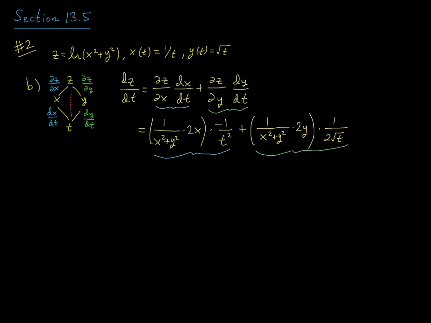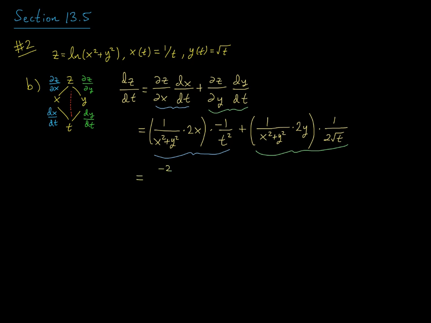Alright, so now our job is to rewrite all of this in terms of just t to show that it is in fact equal to what we got in part A, and then just to do some cleaning up here. Okay, so let's start with blue, right? I'm going to put the negative with the 2x, and I'm going to replace x with 1 over t.